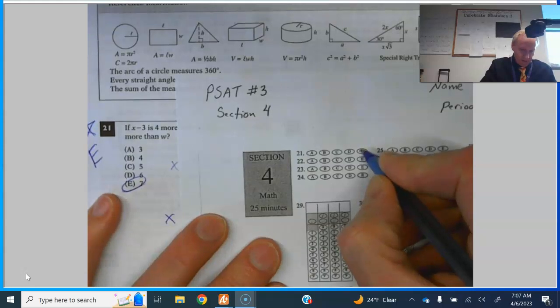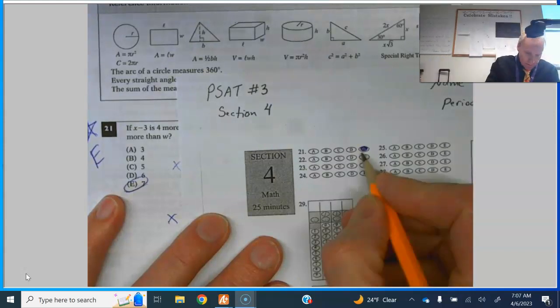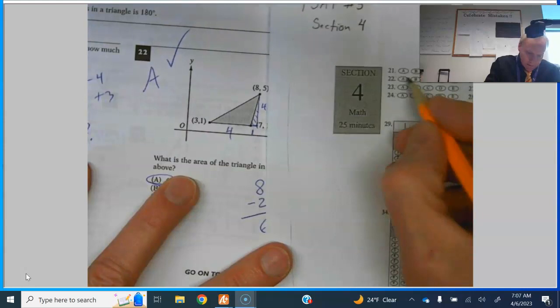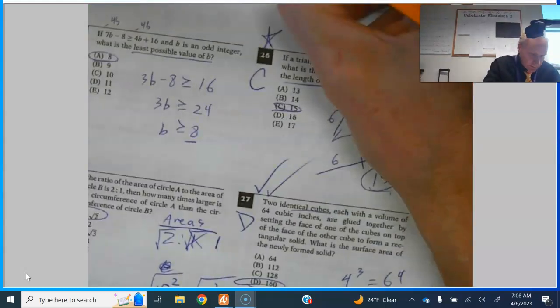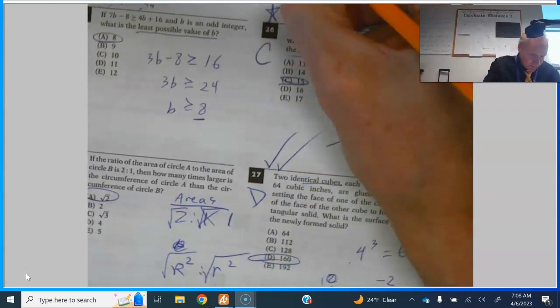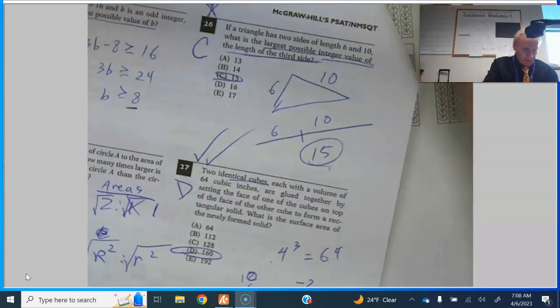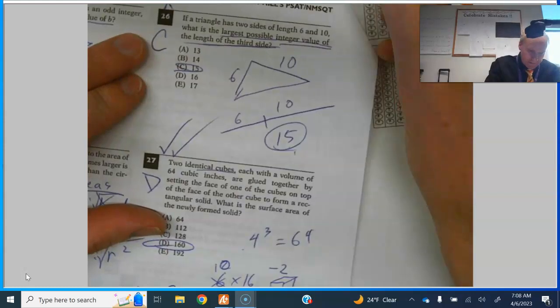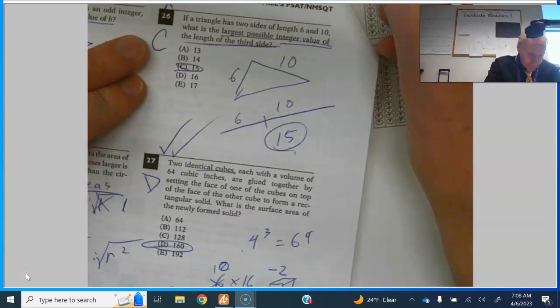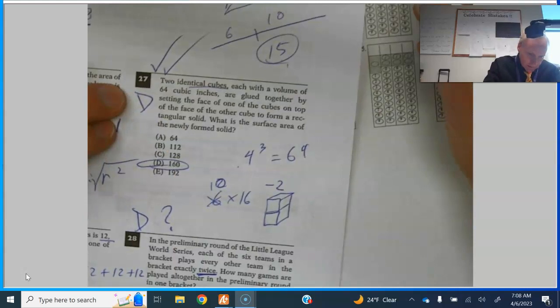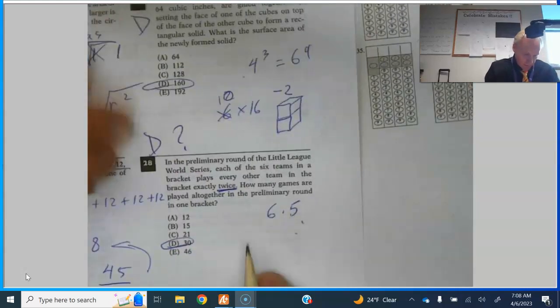I'm filling in my bubbles. So 21 is E. Now, of course, I'd usually use a pencil, so I'll go ahead and use a pencil for this. 21 is E. 22 is A. 23 is A. 24 is A. 25 is E. You'll notice how easy it is for me to line these up. 26 is C, 27 is D, and 28.